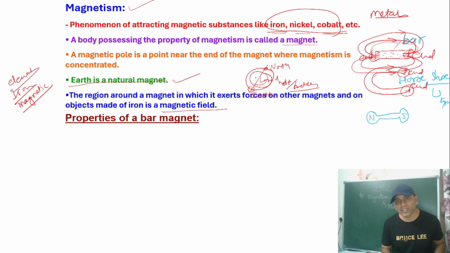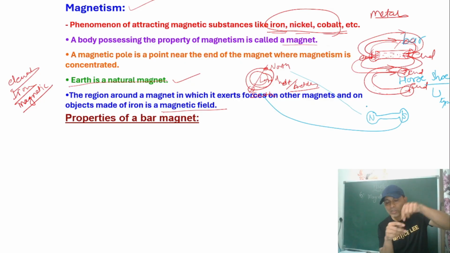As I mentioned, the earth has a north and south, and every magnet has a north and south pole. The north pole will be directed towards the north, and the south pole towards the south of the earth.